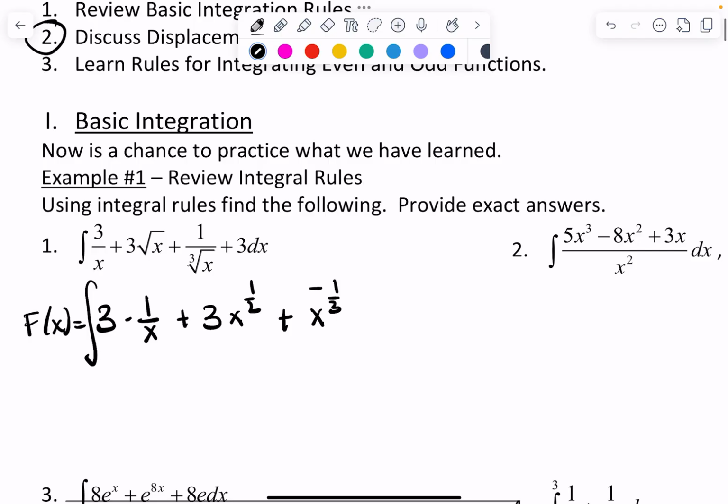So I get that big F of x equals 3 ln absolute value of x, plus 3x to the 1/2 plus 1 is 3/2 over 3/2, plus x to the negative 1/3 plus 1 is 2/3 over 2/3, plus 3x, and then plus c because we're integrating.